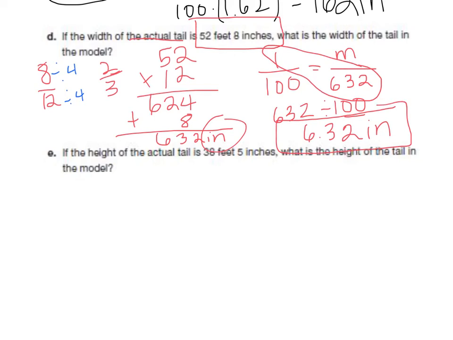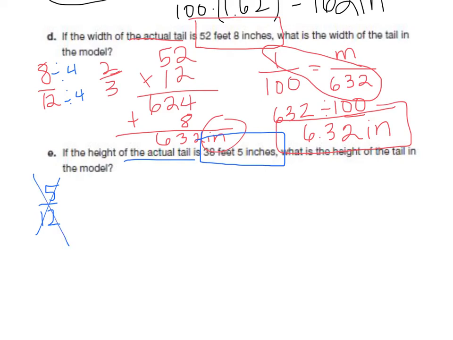Last one, if the height of the actual tail is 38 feet 5 inches, what is the height of the tail in the model? Actual, again, they gave us the feet and the inches. 5 inches would be 5/12, and that's not an easy fraction for us to deal with, so let's change our feet to inches.